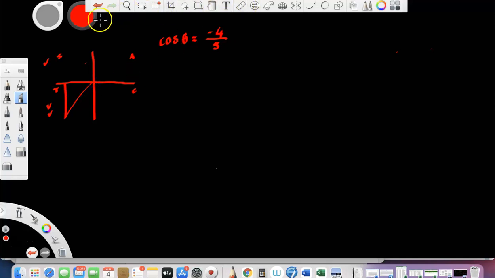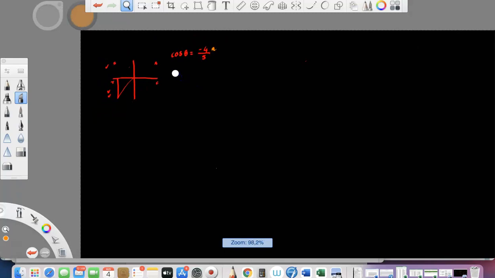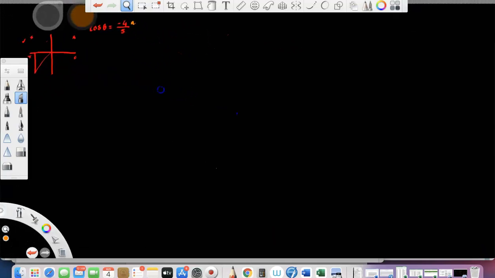Okay, and in this triangle, I'm just going to put in the values. So this is cos, which means that's adjacent over hypotenuse. Let me just zoom out here a bit, I'm a bit too big. Okay, it's adjacent over the hypotenuse.